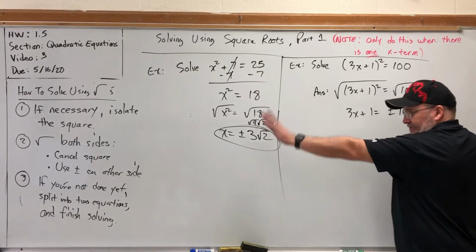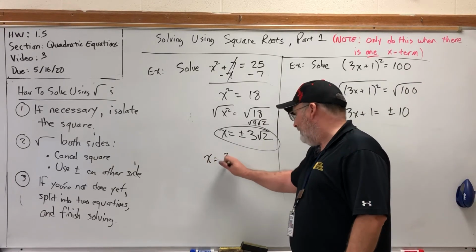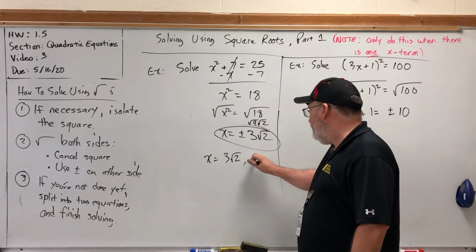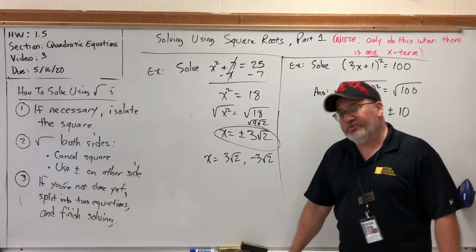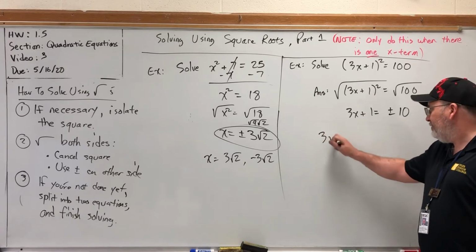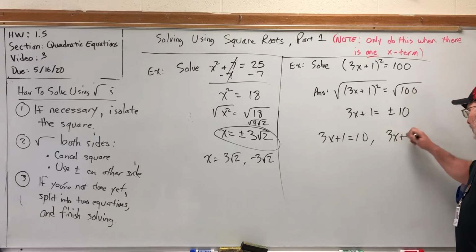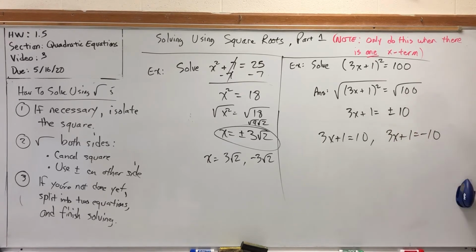It said x equals, it's over. Now if I wanted to, I could split it into 2 solutions. I could say x equals 3 times the square root of 2, and it also equals negative 3 times the square root of 2. But if you're not done, because the x isn't by itself, you're probably better off writing both equations. 3x plus 1 is equal to 10, and 3x plus 1 is equal to negative 10. Because when you start solving this, that 10 and negative 10 are going to start looking different.